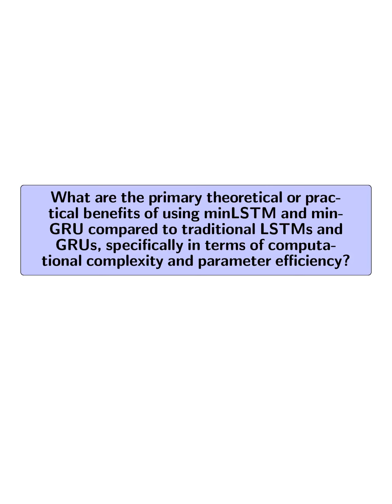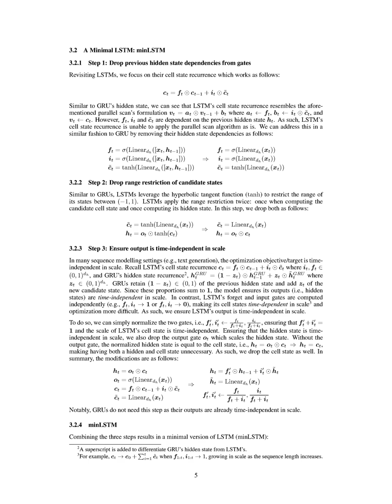What are the primary theoretical or practical benefits of using minLSTM and minGRU compared to traditional LSTMs and GRUs, specifically in terms of computational complexity and parameter efficiency? The primary theoretical and practical benefits lie in their computational complexity and parameter efficiency.